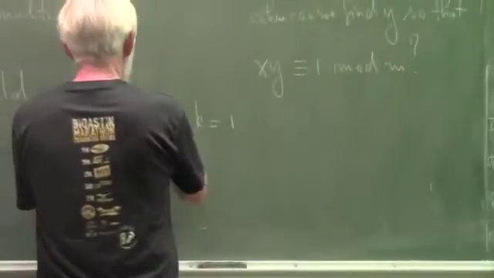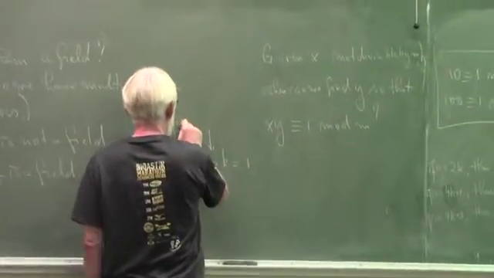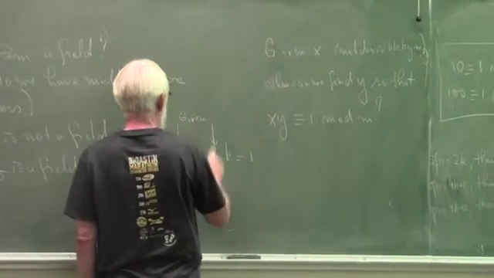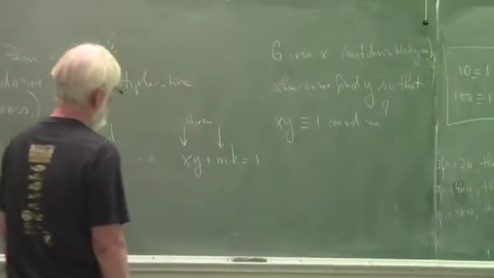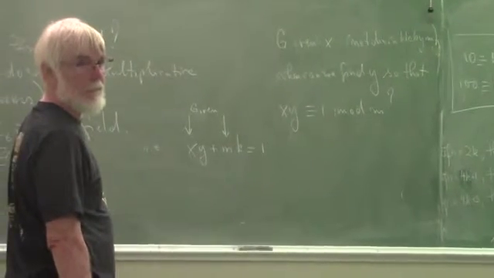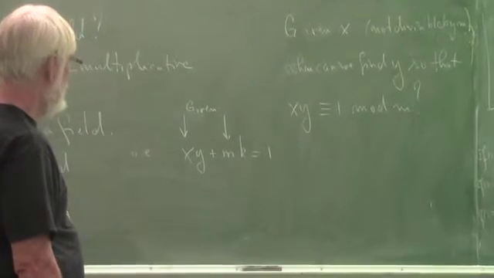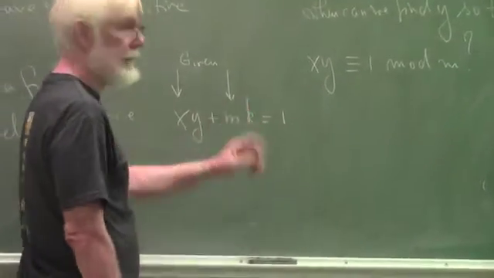So this is given, and this is given, right? But you want to find y, and some k should do it. We don't care.